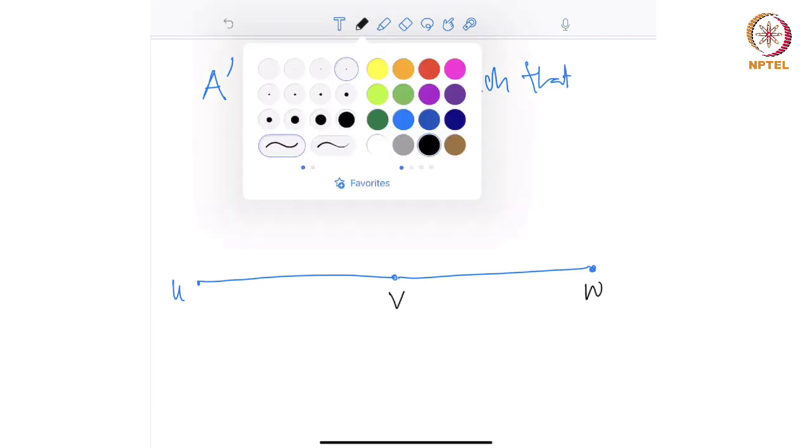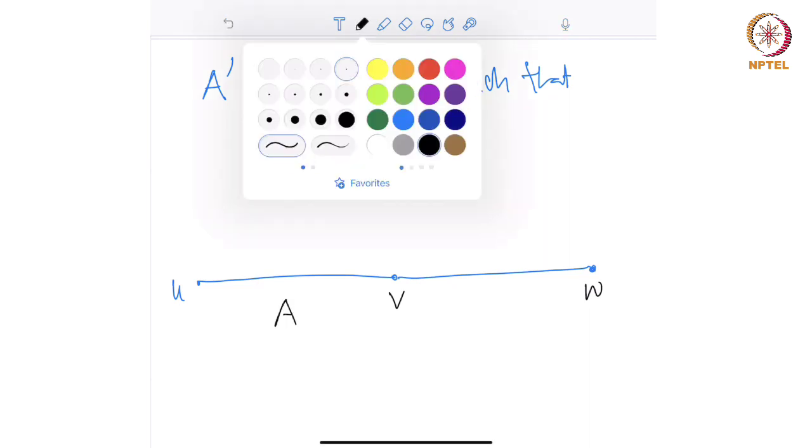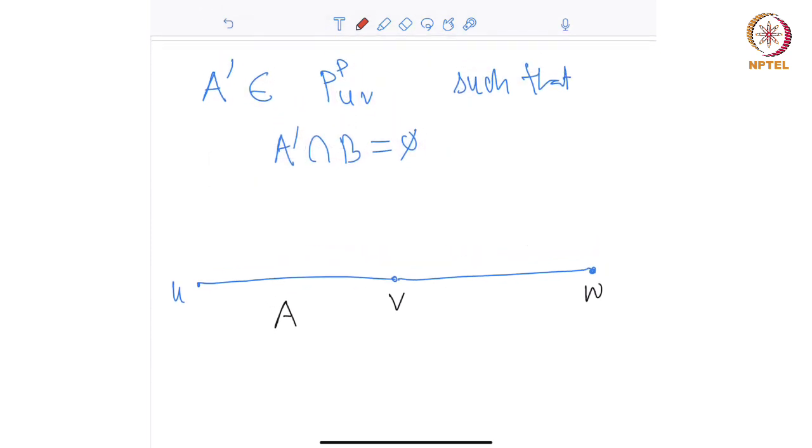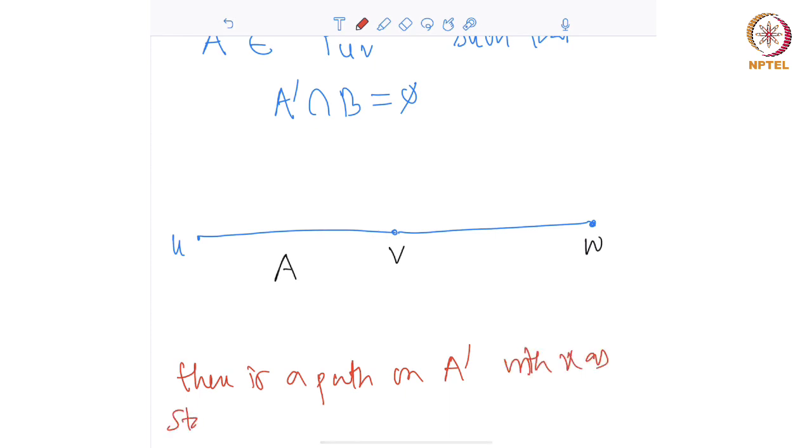W. Now I know this is A, but I also know that A prime is in PPUV. It implies that there is a path on A prime with U as starting point and V as the last vertex.